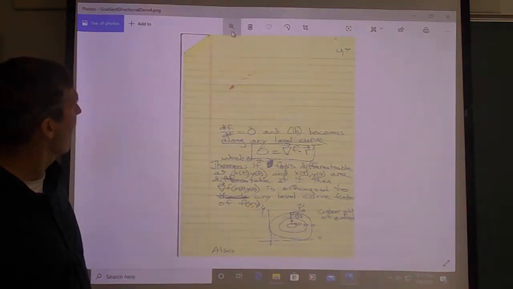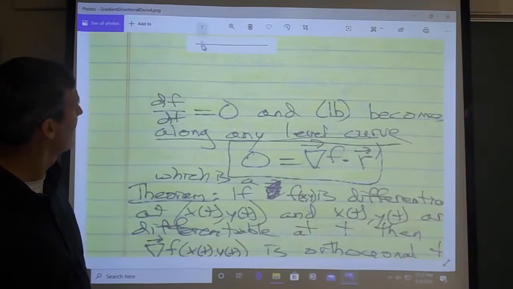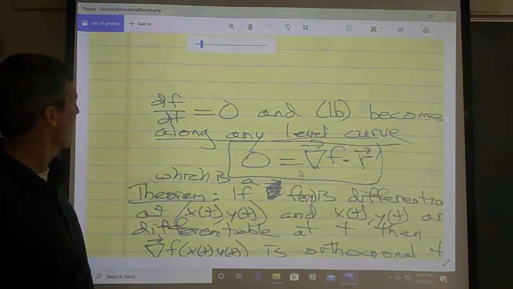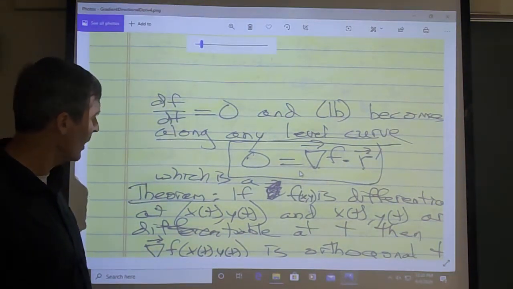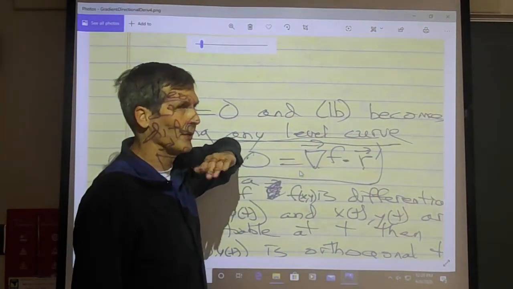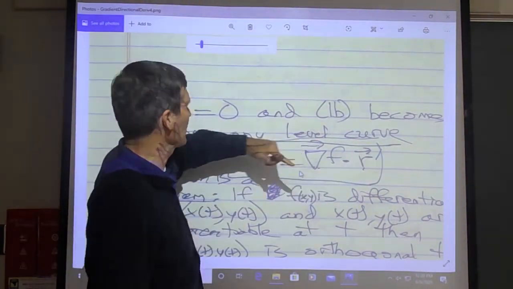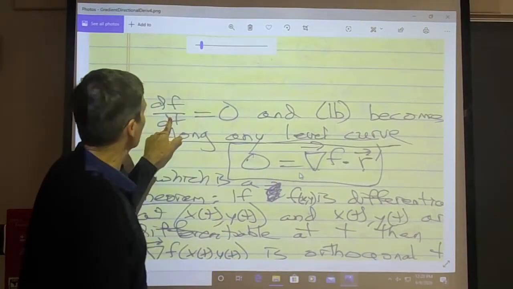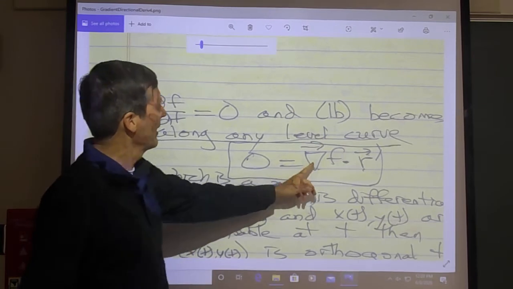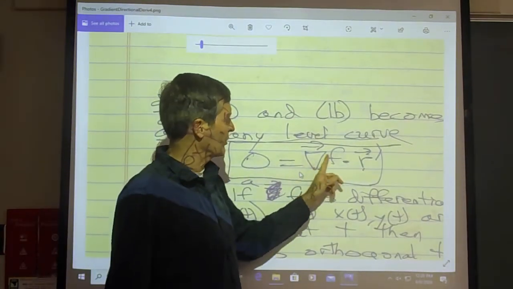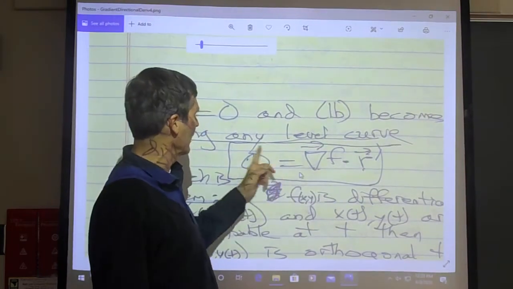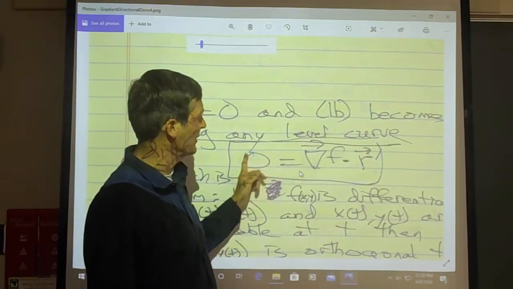Now, along a level curve, right? You're not changing altitude. You're taking the intersection of the surface with a horizontal plane. So along a level curve, df dt equals 0. And the equation we had up there, that df dt is gradient of f dot r prime, becomes that equals 0 because along a level curve, df dt is 0.